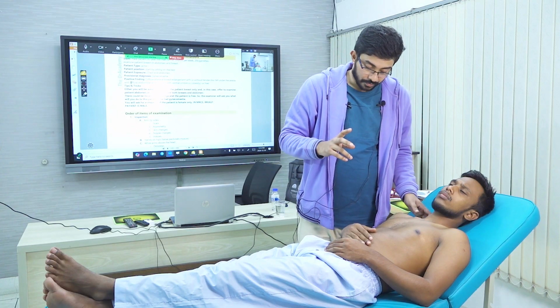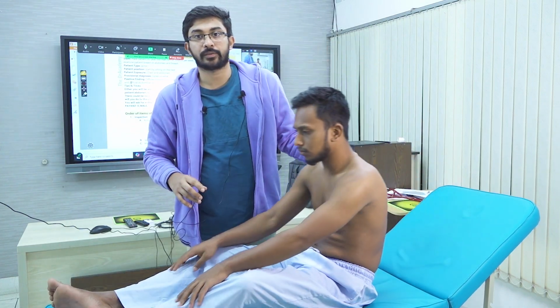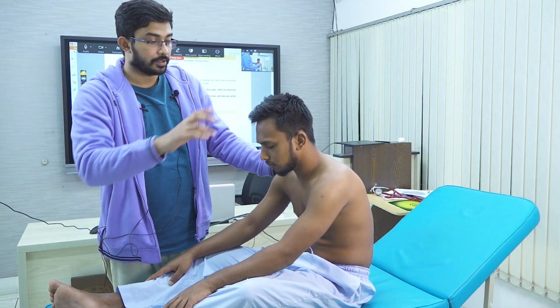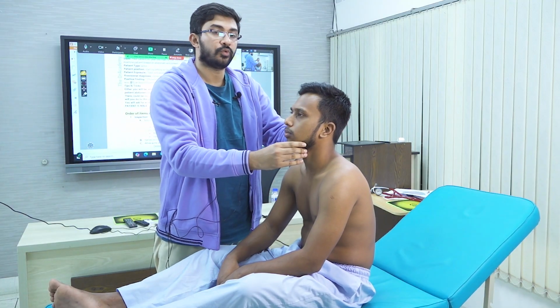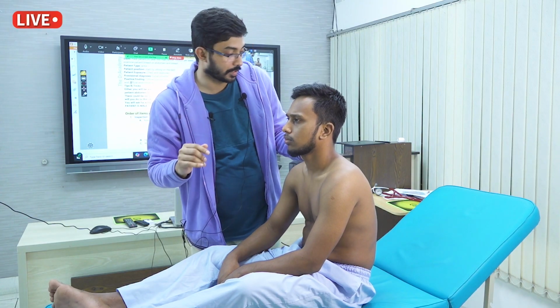So the examination will now be with the patient in the sitting position. Firstly, we have to look for the thyroid eye signs. First, look from the side and from above, from the top, for any exophthalmos or proptosis.